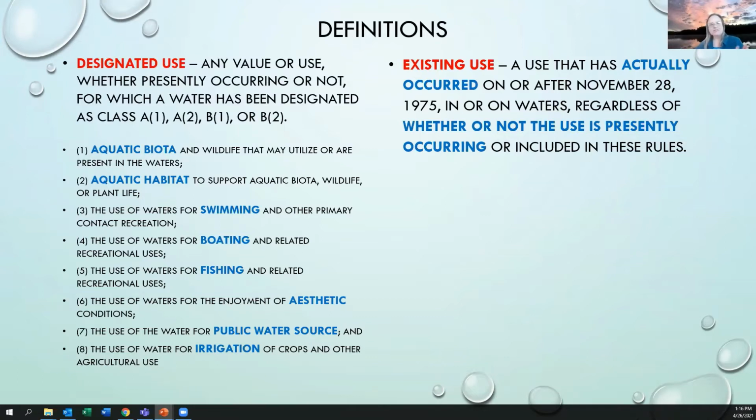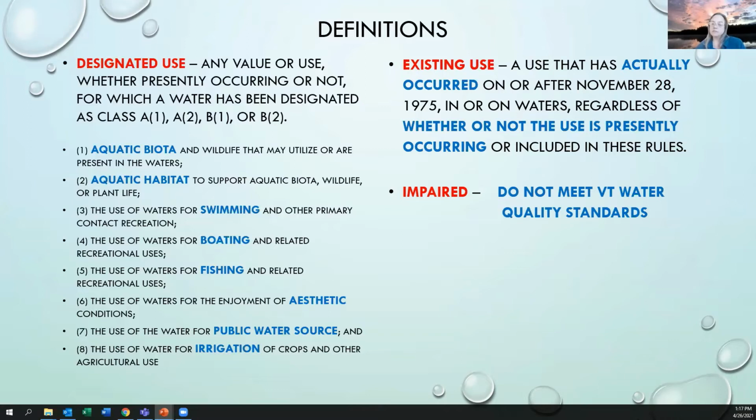That's kind of when the Clean Water Act was really kicking into gear. So anything that has happened on the water since that date is classified as an existing use and can and should be protected. It might not be happening anymore. That swimming hole might have filled in from one of the storms, but that means swimming is an existing use on that water.